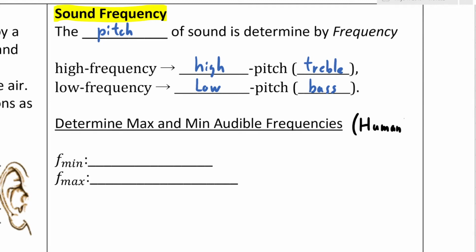Different animals might have different values, but for humans, we have a maximum and minimum audible frequency. So you should pause this video right now and go to the website and listen to the human audible frequency range YouTube clip. Okay, so pause the video right now.